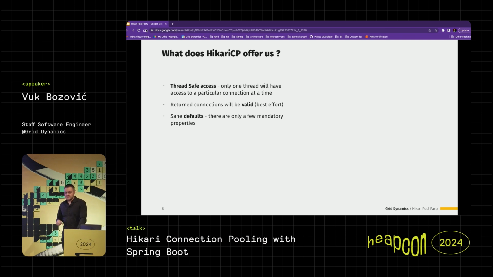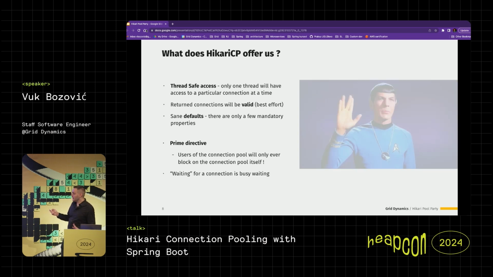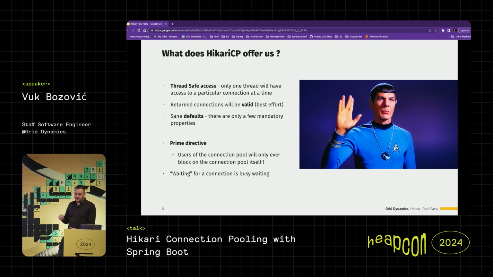It also offers some sane default values for its behavior. The only two mandatory properties are, I think, the JDBC URL and the driver class name, and that's about it. Everything else, you can use without even thinking about it, or at least it will get you off the ground. One important thing it gives us is the prime directive, which states that users of the connection pool will only ever block on the connection pool itself.